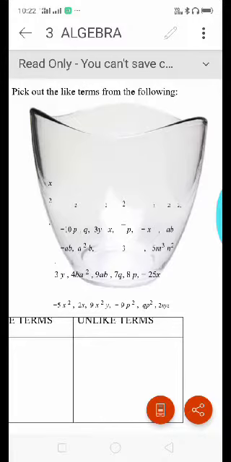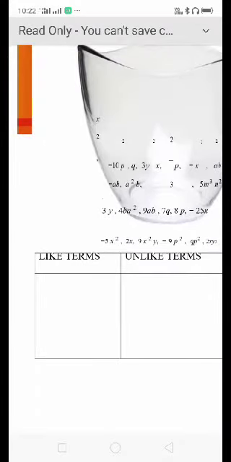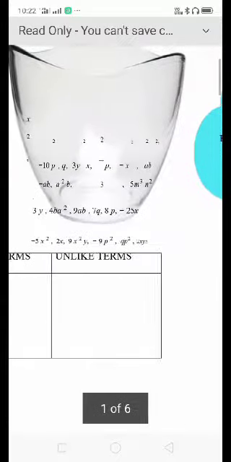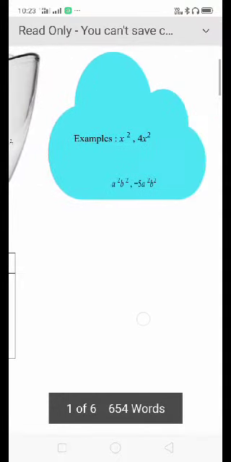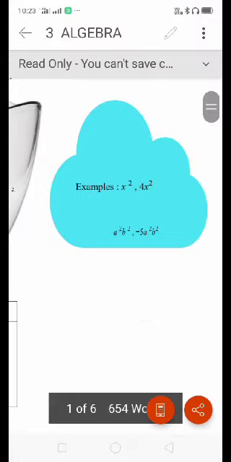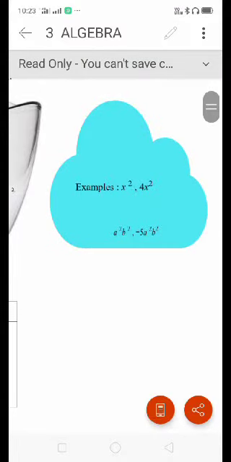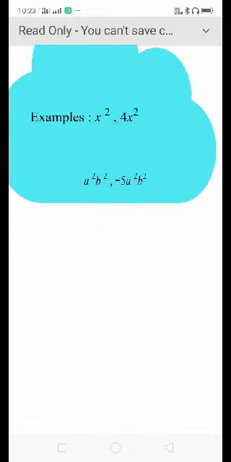Pick from the bowl and write below the bowl in the table: like terms, unlike terms. Can you do it? Okay, here is an example I have given to you. x squared, comma 4x squared. These x squareds are the same variable, so I have written them in the same line.